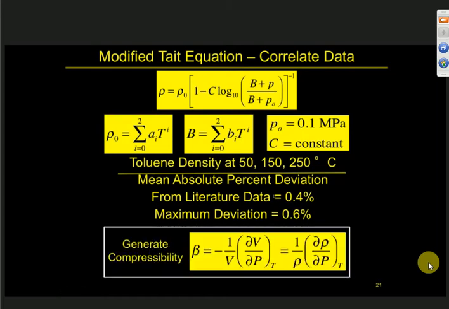From this data you can also generate the compressibility data. That is the derivative of density with respect to pressure at constant temperature. This is important especially for oil and gas companies for estimating their amount of oil.